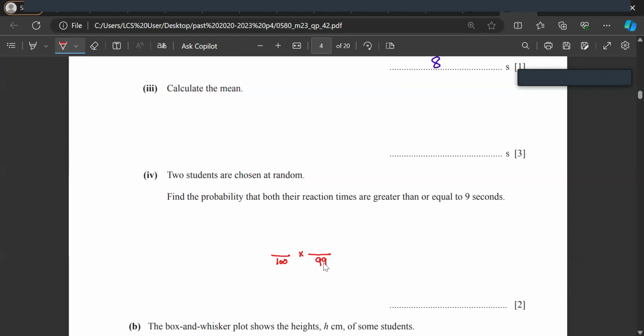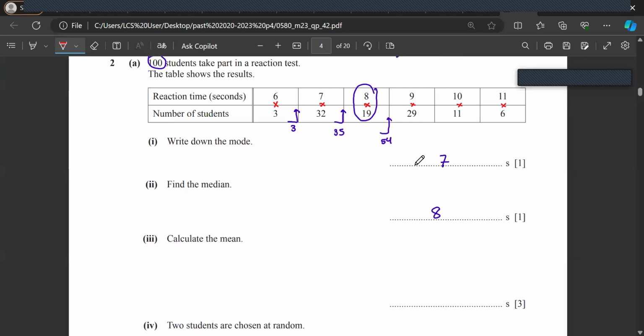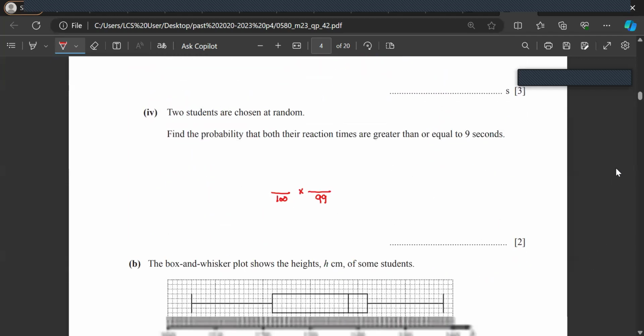Greater than or equal to 9 seconds means these 3 slots, which is 29 plus 11 plus 6. So it will be 46. The first one is 46 and the second one is 45. Do I have to multiply them by 2?